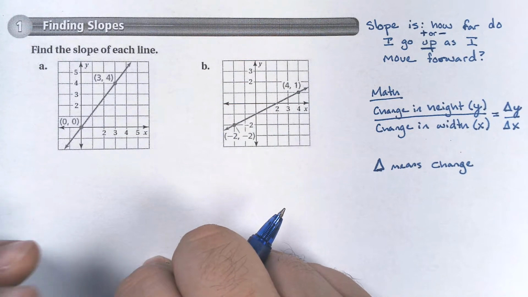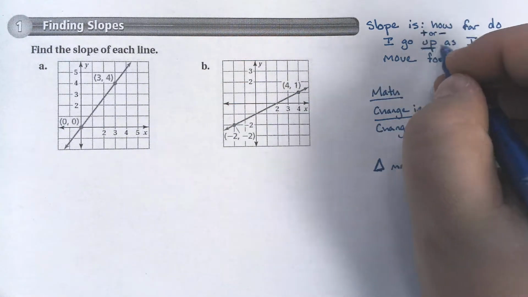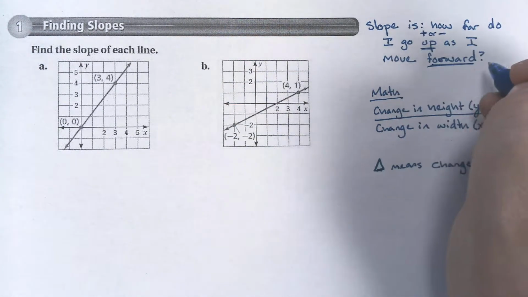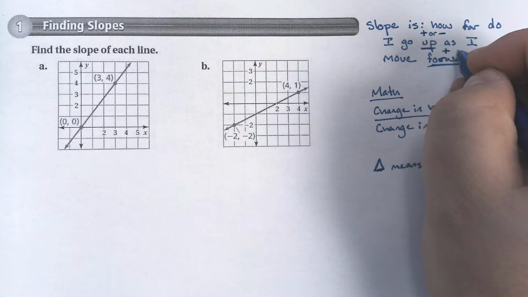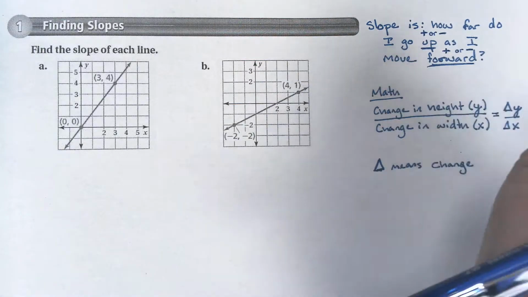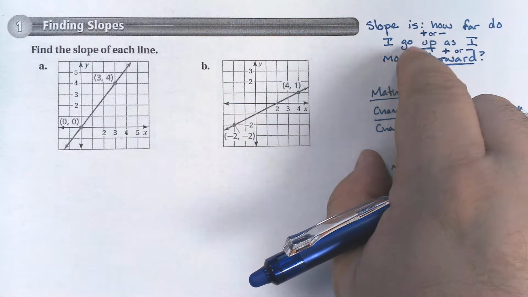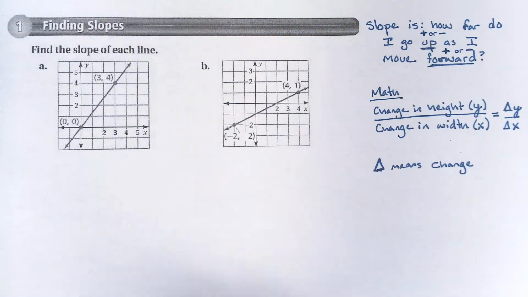Direction is based on where you are, and we'll talk about that in class. Now, also, if up is either positive or negative, the word forward is either positive or negative. So we have to remember that we're talking about up or down, left or right, when we use the words in this context for up and forward.